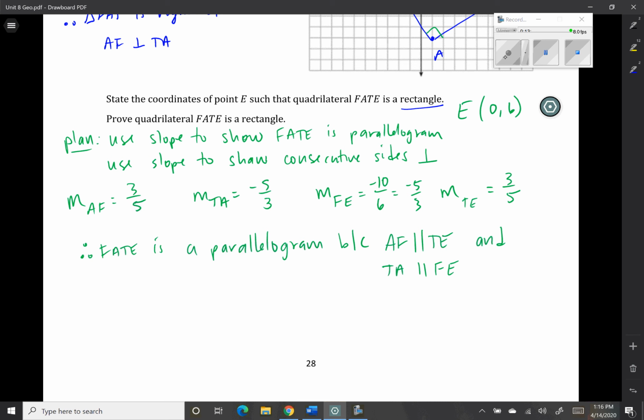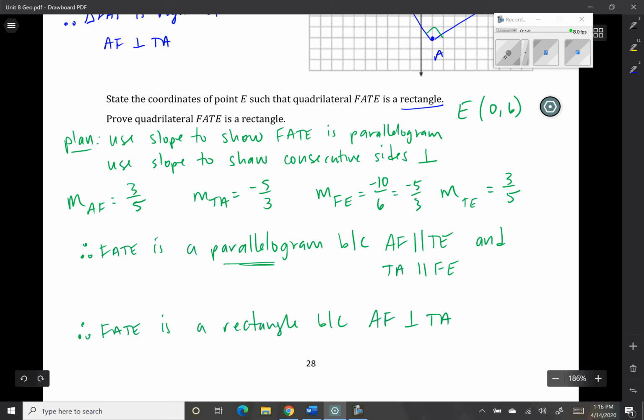Now that it's a parallelogram and I notice that the consecutive sides have perpendicular slopes, I can say, therefore, FATE is a rectangle because, and just pick 2 consecutive sides, it doesn't matter which ones, AF is perpendicular to TA. Once you've proven one set of consecutive sides are perpendicular, they all wind up being, because you've already proven it's a parallelogram. That's why it's so important to do that first.